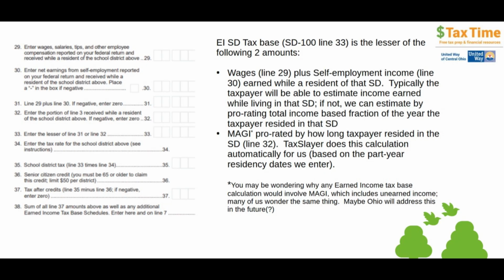We still don't understand quite why Ohio uses the MAGI for any kind of calculation for the earned income school district tax base, because MAGI includes things other than earned income, such as pensions, gambling, unearned income. So I don't quite know why they do that, but that's part of the calculation. In this video, we're going to concentrate primarily on the wages and self-employment income and making sure that lines 29 and 30 reflect accurately the amount of income the taxpayer earned while a resident of that school district.